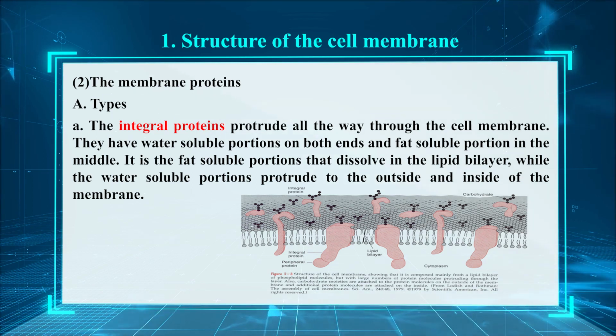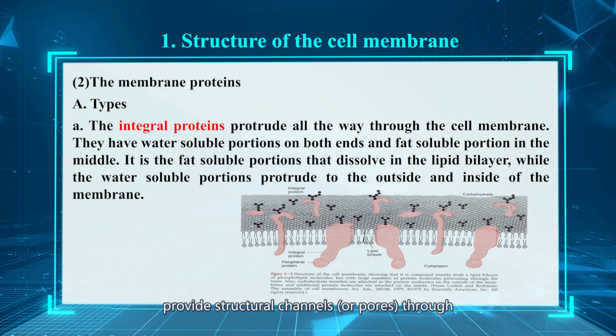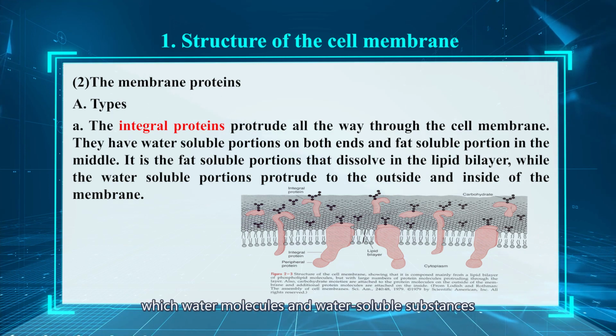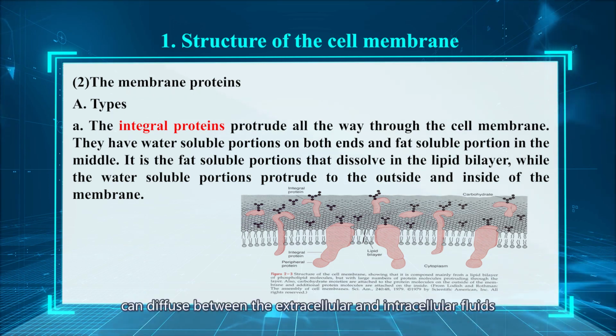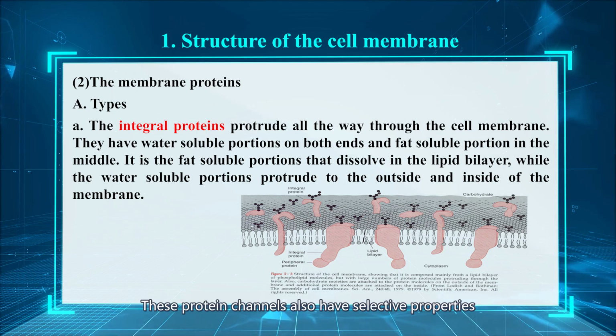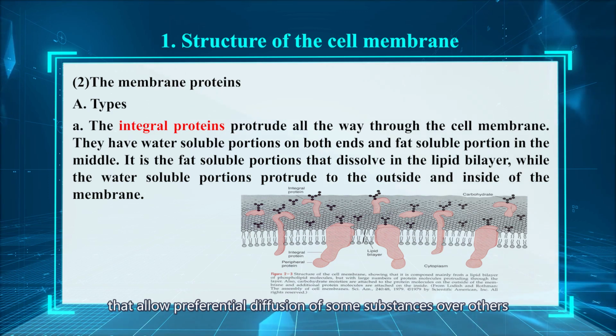Many of the integral proteins provide structural channels through which water molecules and water-soluble substances, especially ions, can diffuse between the extracellular fluid and intracellular fluids. These protein channels also have selective properties that allow preferential diffusion of some substances over others.